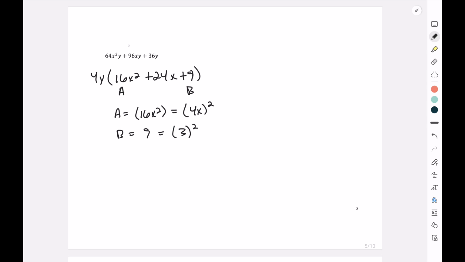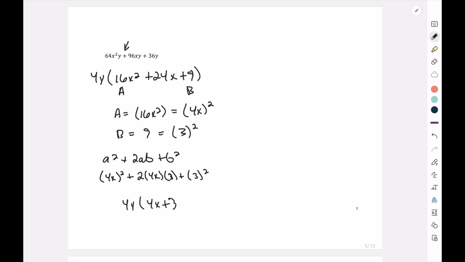And so since we fit the pattern of the first one, a squared plus 2ab plus b squared, if we put those into the formula, (4x) squared plus 2 times (4x) times (3) plus 3 squared, our answer would be 4y times (4x plus 3) squared.